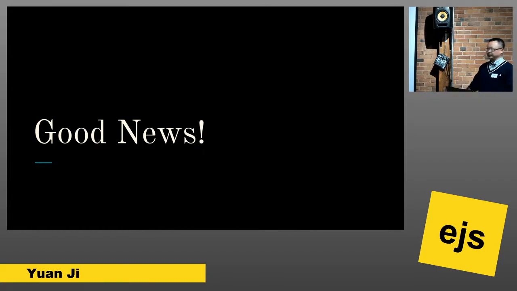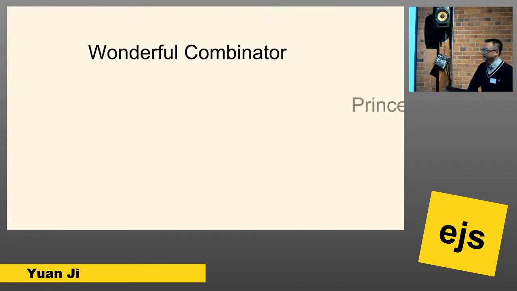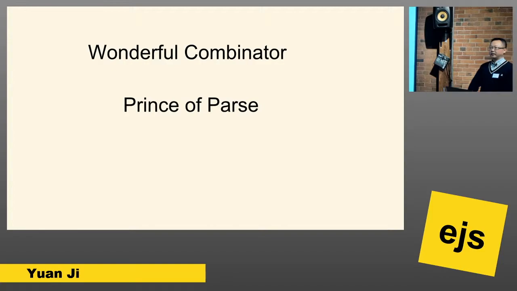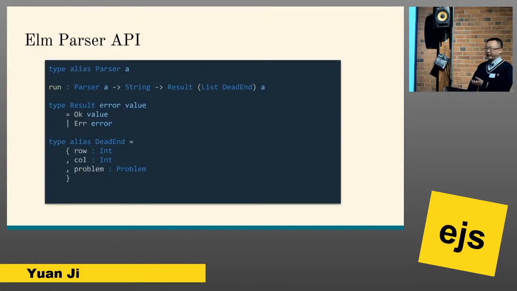But today I have good news. Today I will introduce a wonderful parser combinator library for Elm. This is not my first time talking about Elm. I did many talks about Elm, introductions and other topics. So today I will just go directly to the Elm Parser API.